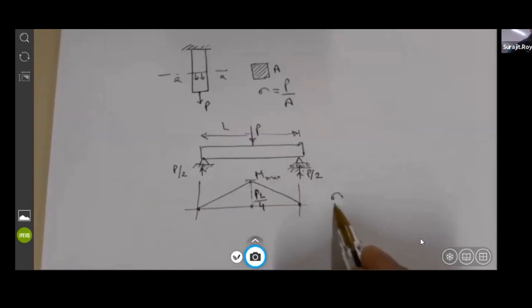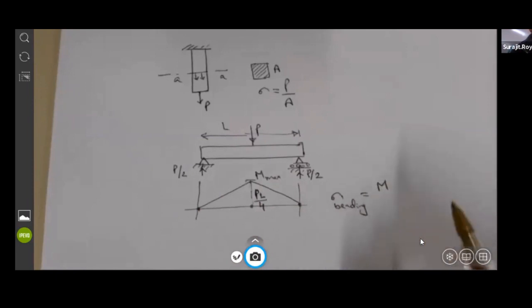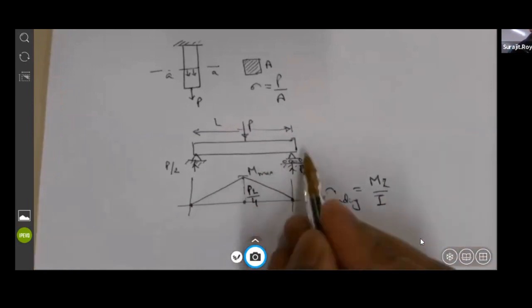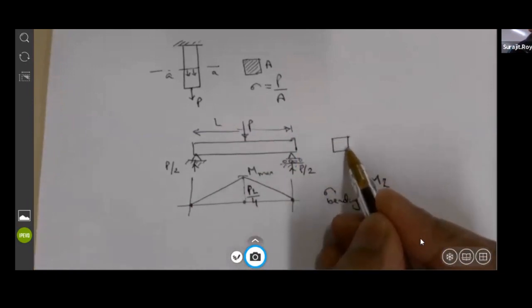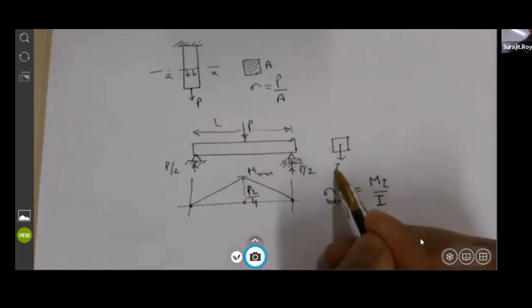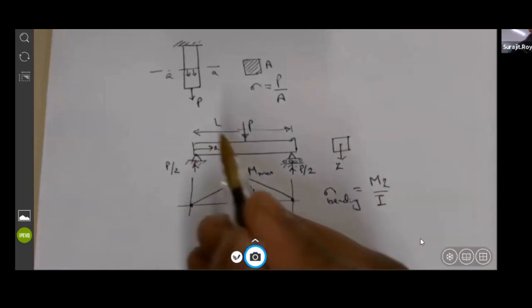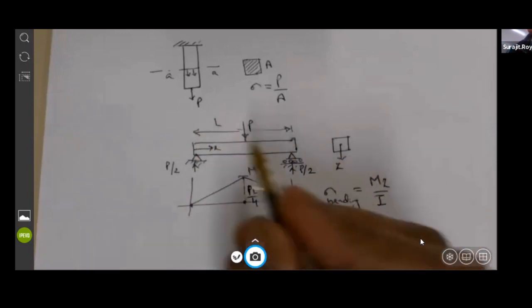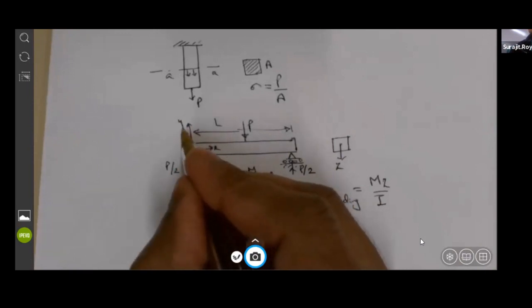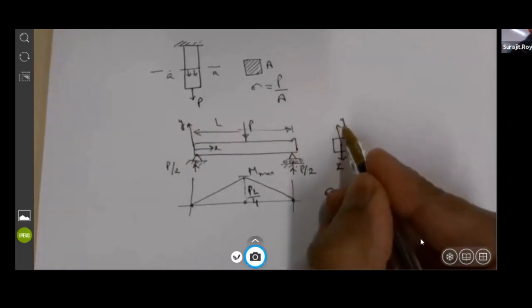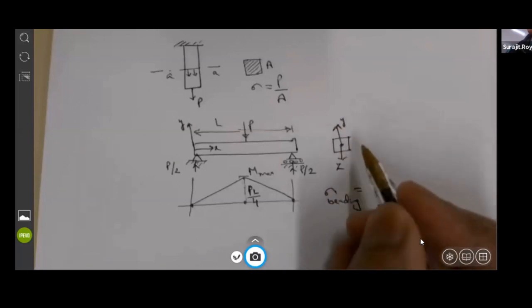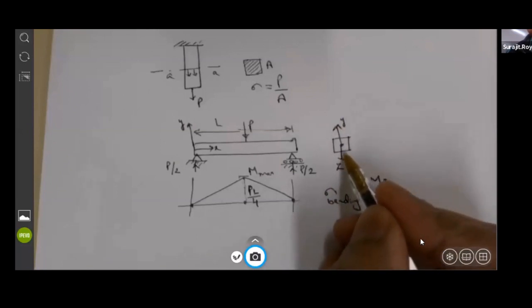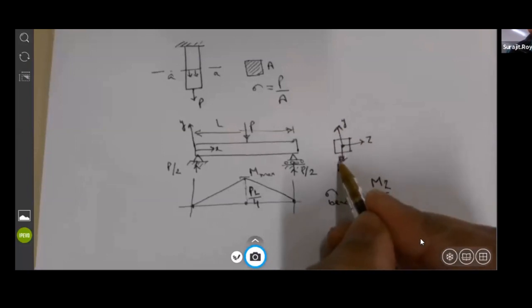And the stress due to bending, if you remember from your courses earlier, is given by Mz over I, where for this cross-section, this is x, let's say this is y, and this will be z.